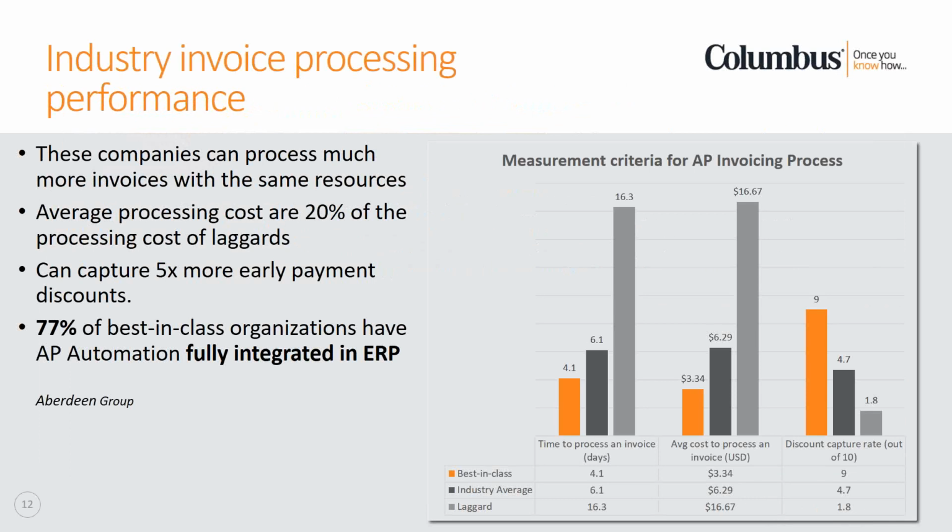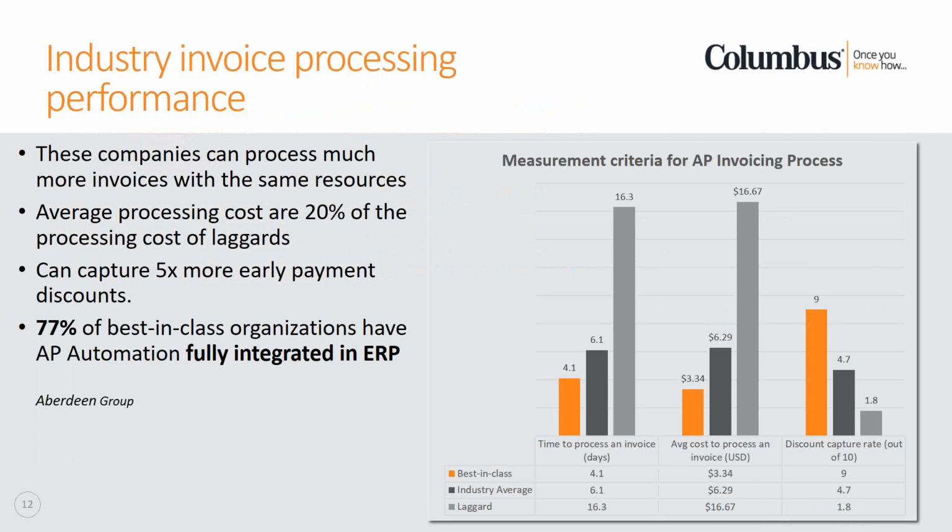Two other interesting metrics that I like to see: the first is the time to process an invoice in days. That's 4.1 days for best in class, and for the laggards, as they call them, over 16 days.